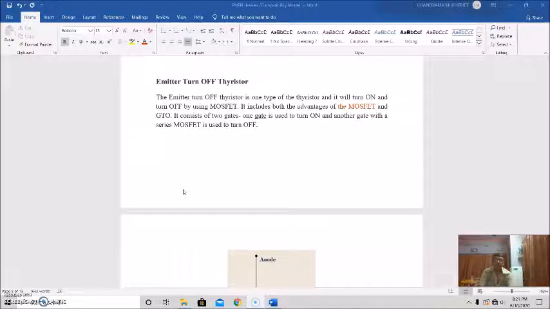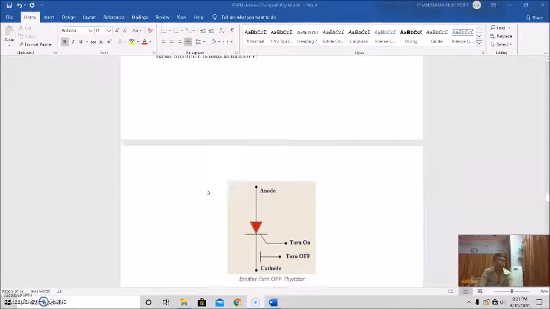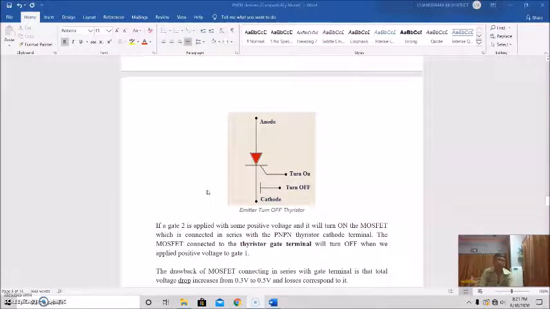One gate is used to turn on, and the other gate with a series MOSFET is used to turn off. Here is the symbol, with one gate for turn on and one for turn off. This one is connected with the MOSFET in series.